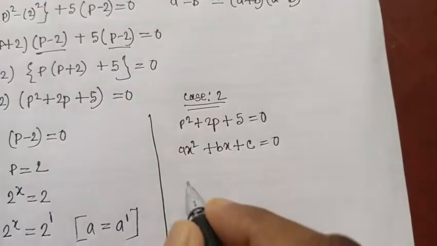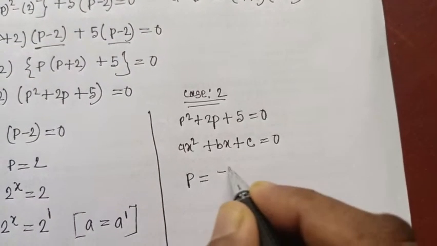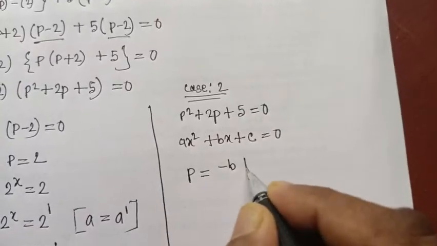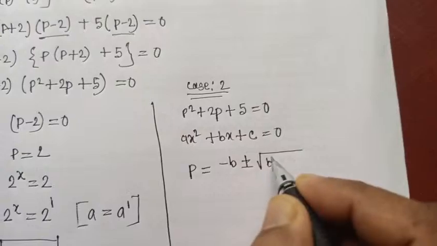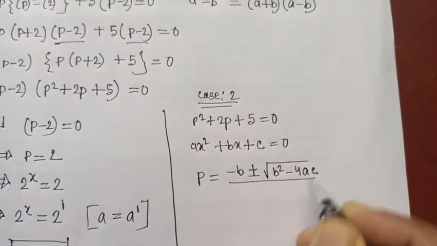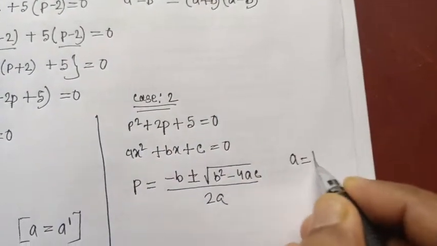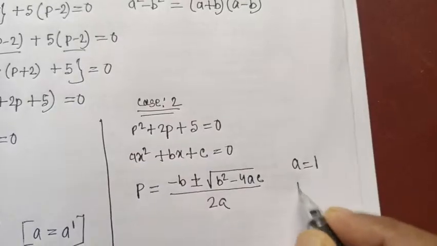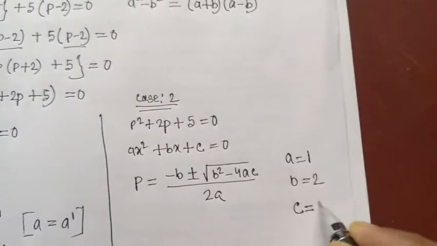So the root of the above expression should be p is equal to minus b plus minus root over b square minus 4ac by 2a. Here we can see a equals 1, b equals 2, and c equals 5.